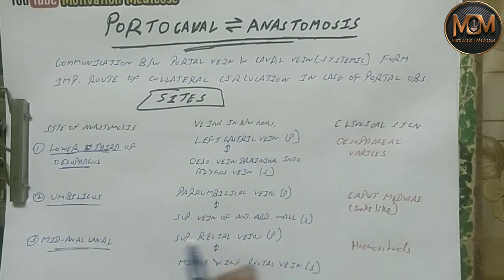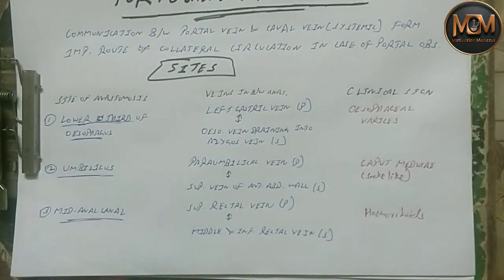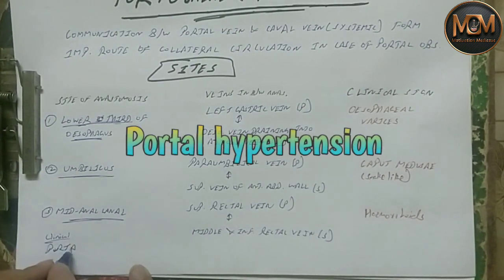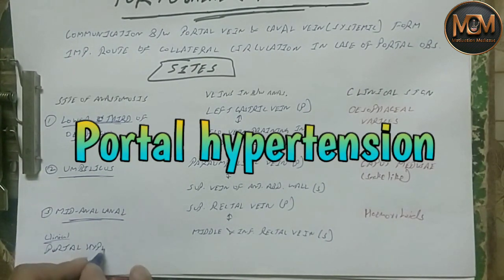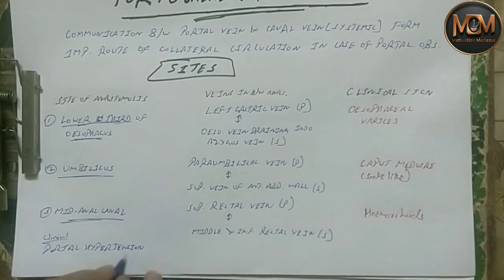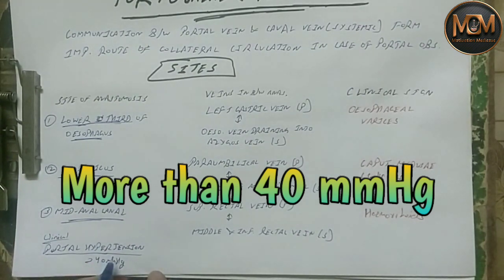One more thing I have to tell you about is portal hypertension. Usually the portal pressure is 5 to 15 mmHg, but when the portal pressure rises above 40 mmHg, it leads to portocaval anastomosis.